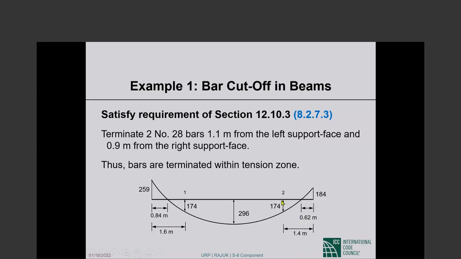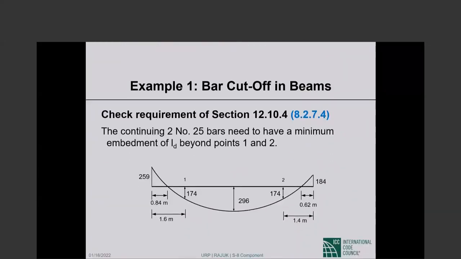These bars can be terminated here at 1.4 meters away, theoretical point of cutoff, but you need to go another 0.5. That gives us 0.9 meters from the right support. So the number 28 bars are cut off 1.1 meter from the left support and 0.9 meters from the right support. Okay, I'm sorry, I was mixing up the pages. So that's all that happened.